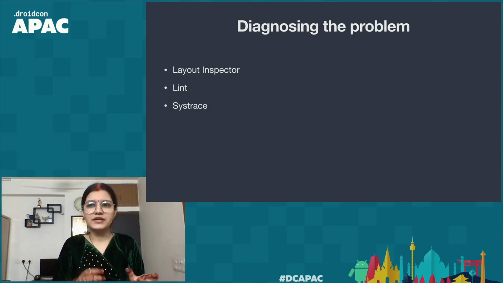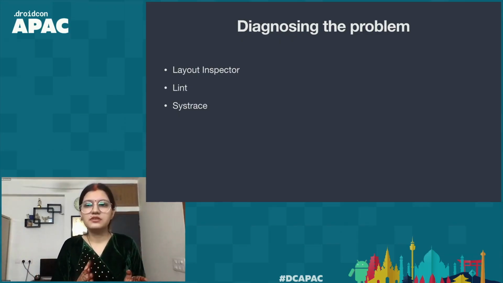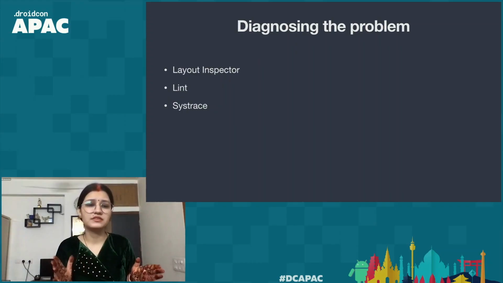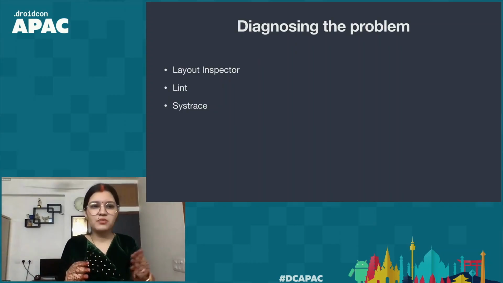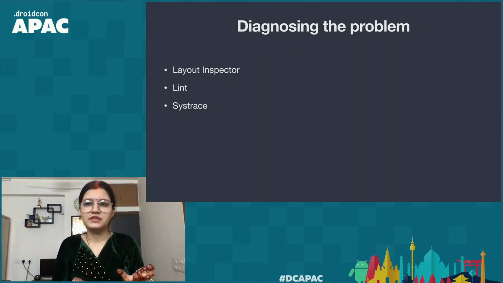If you monitor those processes and the time taken by them in the graph, you will get to know which process is causing the frames to drop, which process is taking longer. Once we know which process is taking longer, we can work on optimizing those particular processes by looking at the layouts.